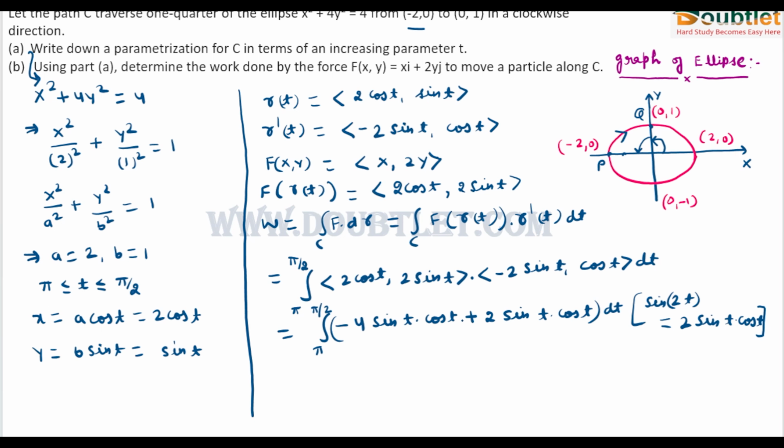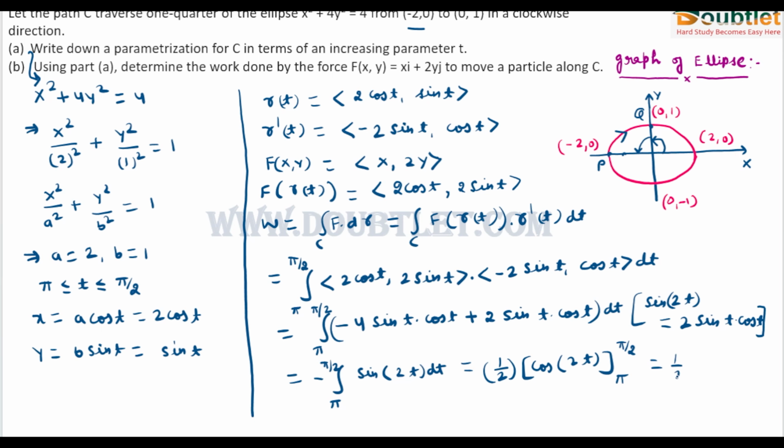So this becomes minus the integral from pi to pi by 2 of sin 2t dt. The integration of sin 2t is minus cos 2t divided by 2. So minus minus will become plus, so it will become 1 by 2 times cos of 2t, and the limits are from pi to pi by 2.